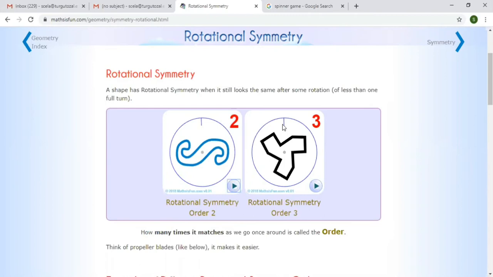This point shows me the rotation. And how many times does it fit? Once, twice, 3 times. So it comes to the original place in the same way. So this one is rotational symmetry, just to give you an idea about it.